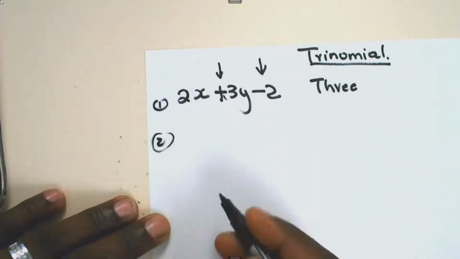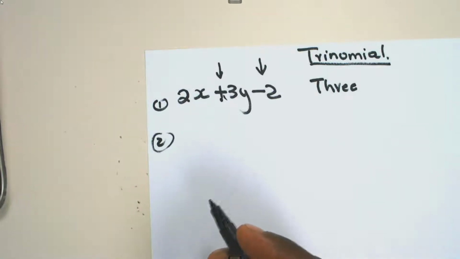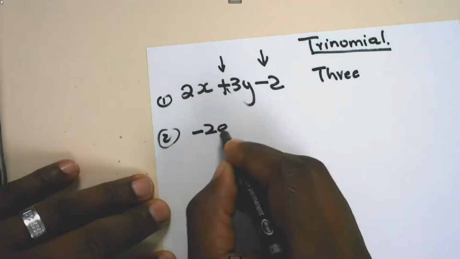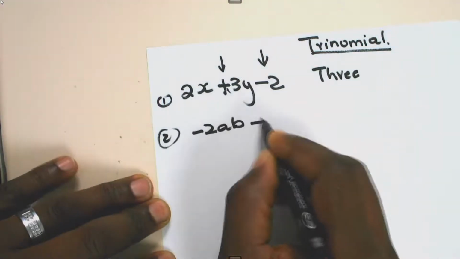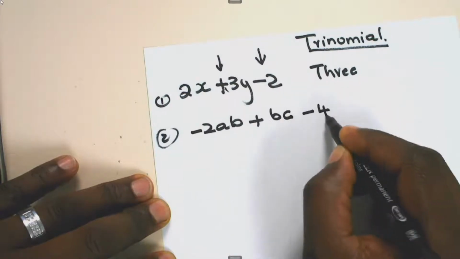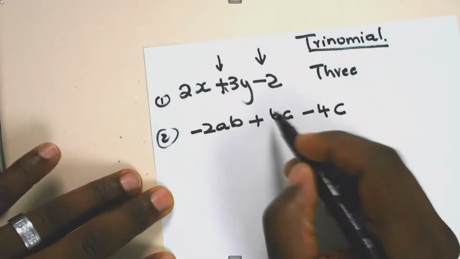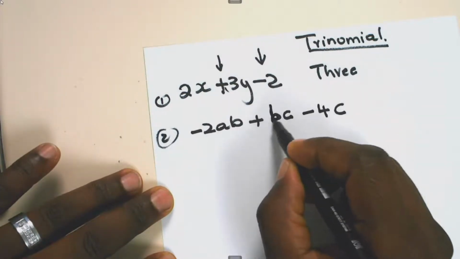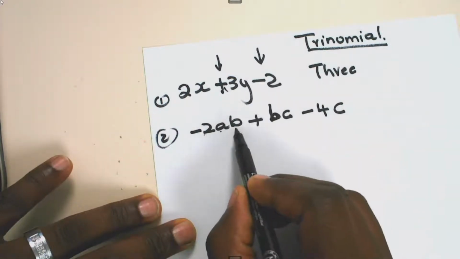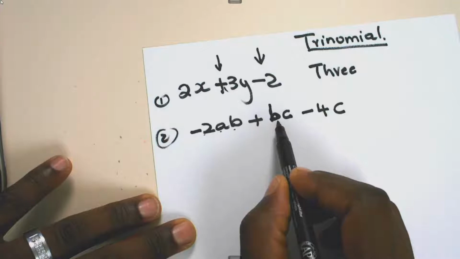Another good example they teach there. It's negative 2ab plus bc minus 4c. All right, this is b, not 6, it's bc. Then it is negative 2ab plus bc minus 4c.